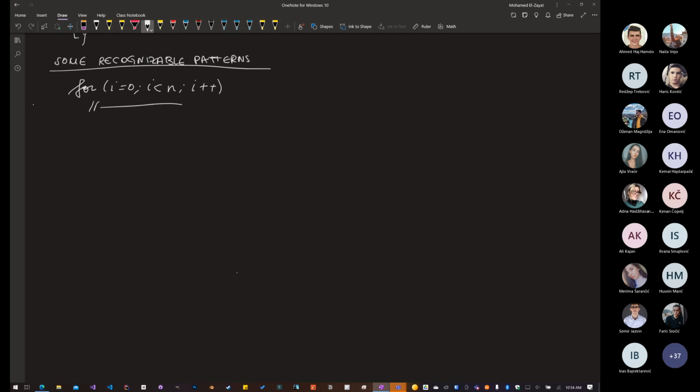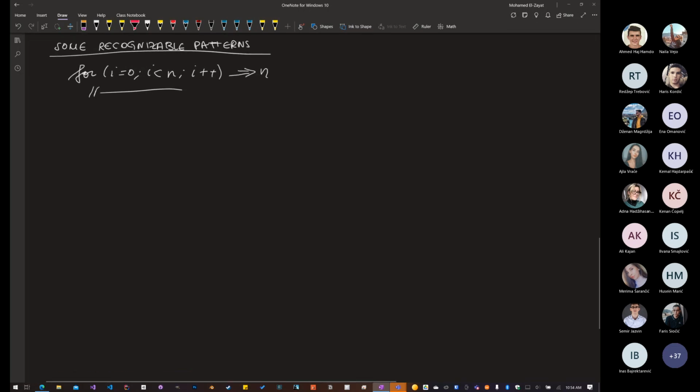We immediately know that this is running n times. As large as n will go, this will simply run n times. Given that the statement is simple, we know that this is going to be n.